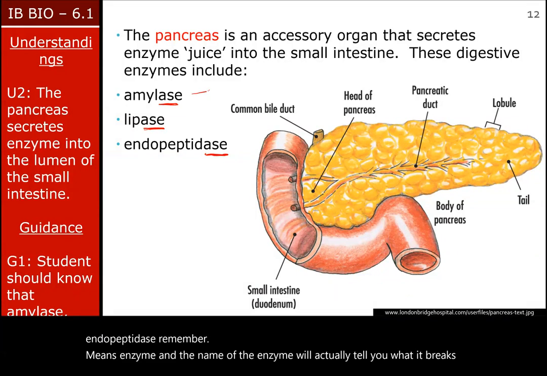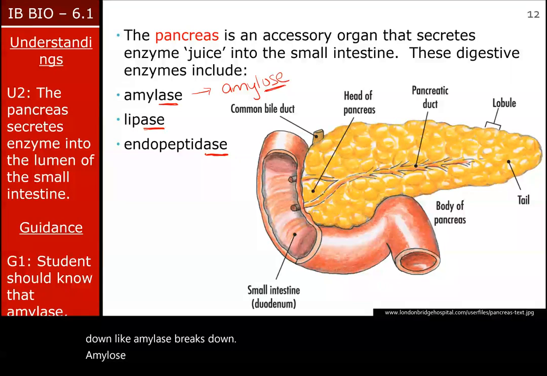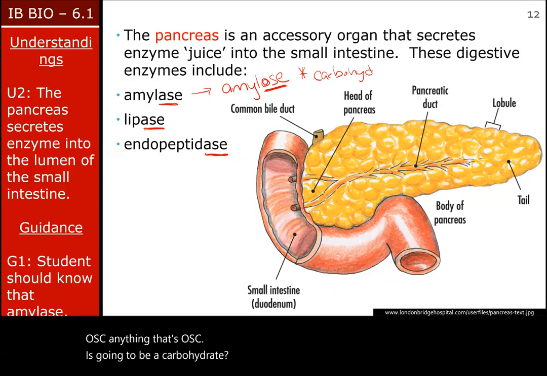Like amylase breaks down amylose. And ose, anything that's ose, is going to be a carbohydrate. Who remembers this from freshman year and last year, right? Lipase breaks down lipids.